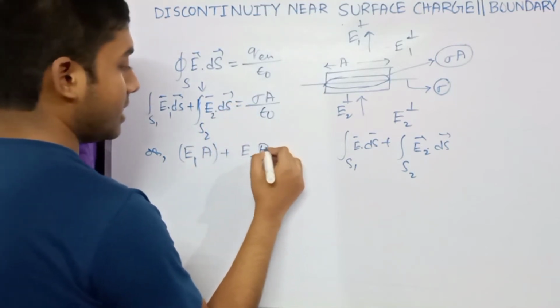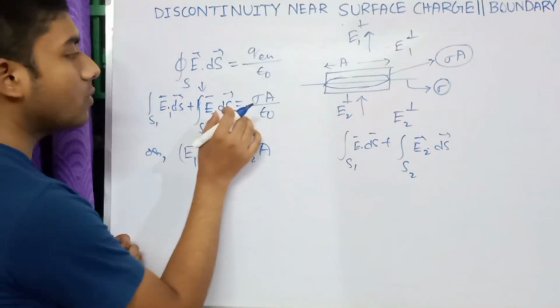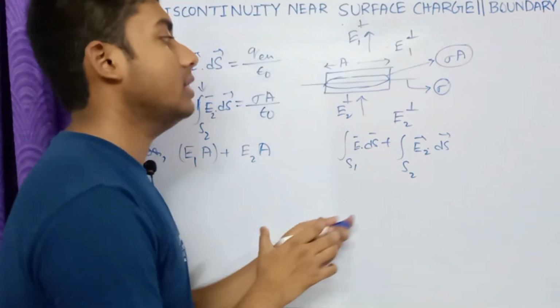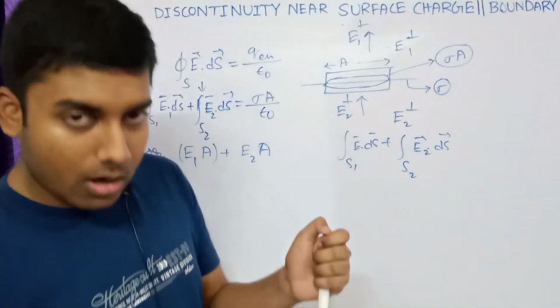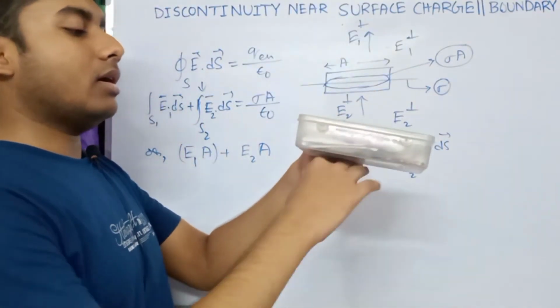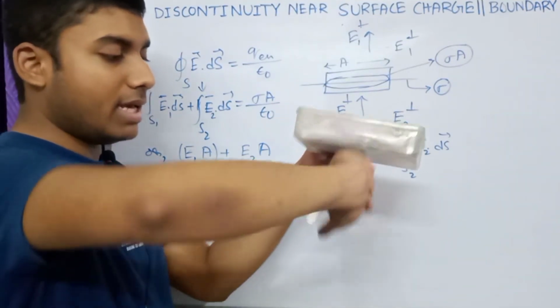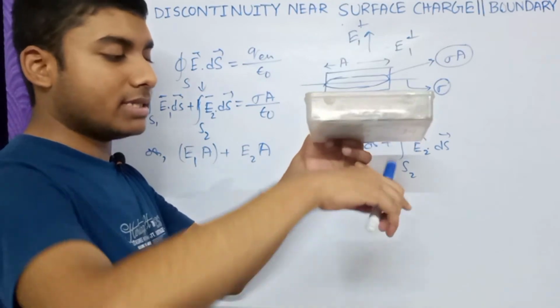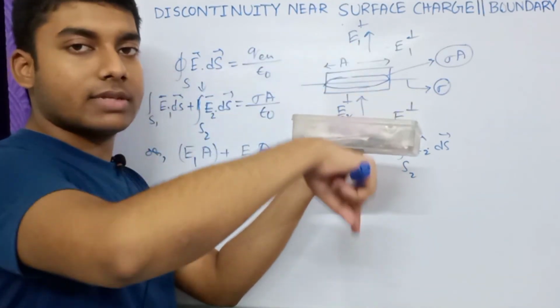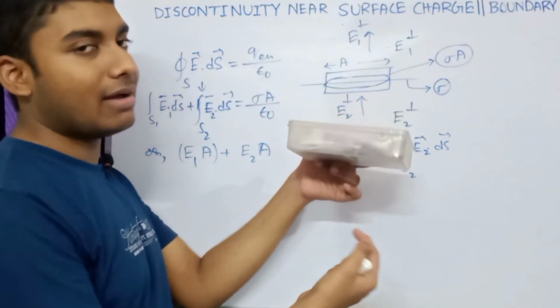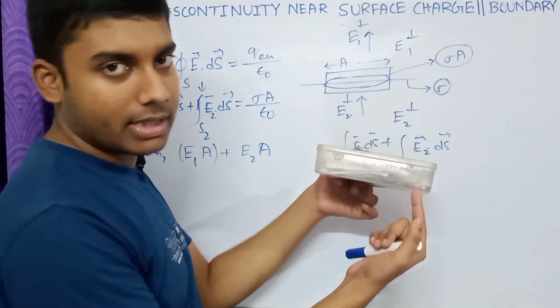But there is one thing: for E2 dot ds, the direction of the area vector for the lower surface will be in the downward direction, but the electric field I am assuming in the upward direction.